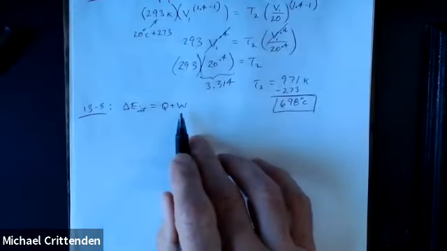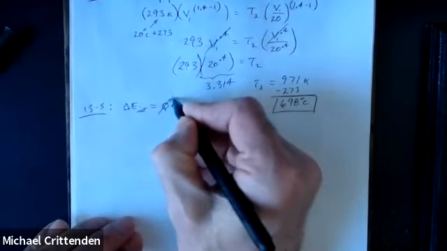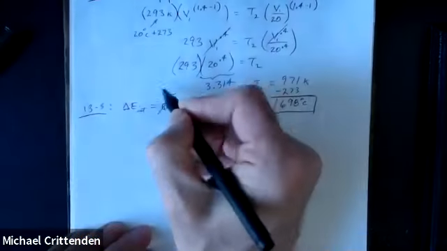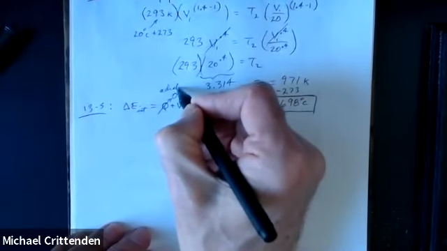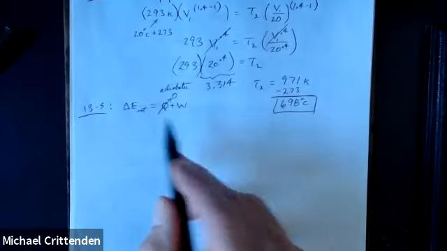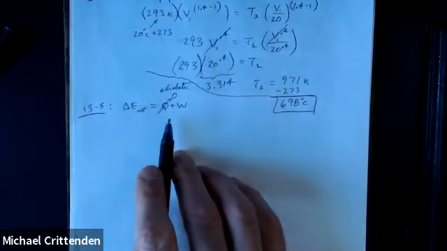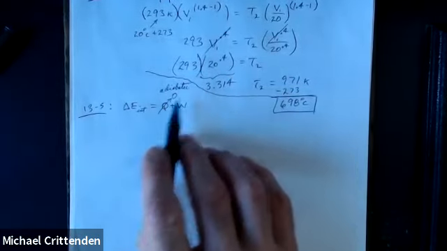W is what the question asks for. Q is equal to 0 because it's adiabatic. That right there is the definition of what adiabatic means in the first place. Q equals 0 is what the word means.